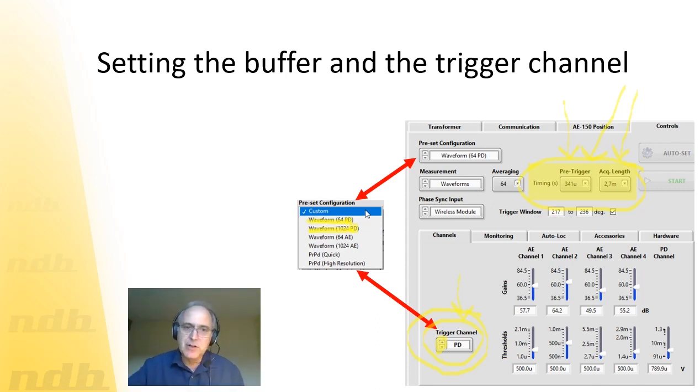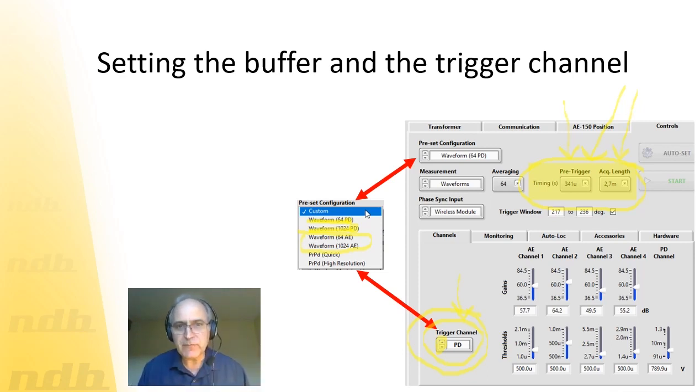But if you want to trig on an acoustic event, the trigger must be set in the center. So we will automatically adjust the buffer pre-trigger to that size, and the buffer length the remaining after. We will do it for you.